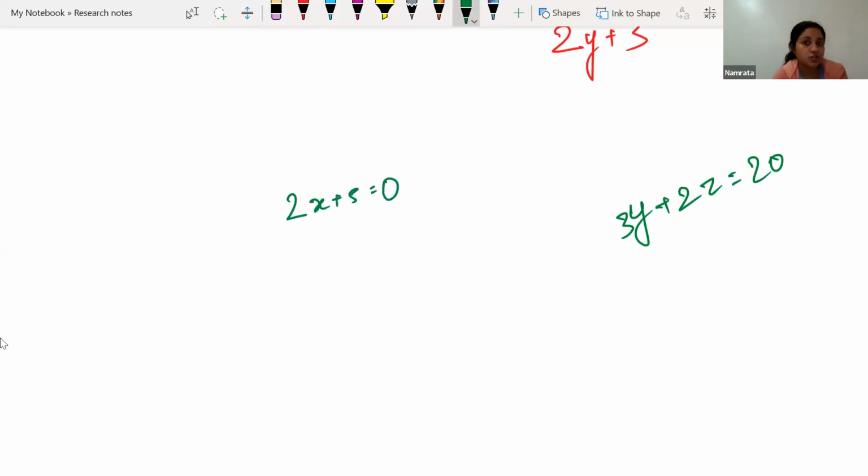This is a linear equation with one variable. As you can see, how we used to solve this type of equation, we used to just find the value of x by solving the equation, and finding the value of x is quite simple over here. x is -5/2.